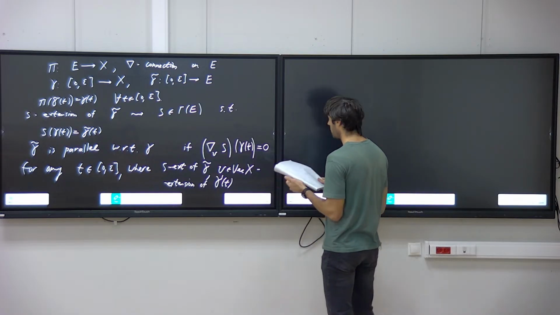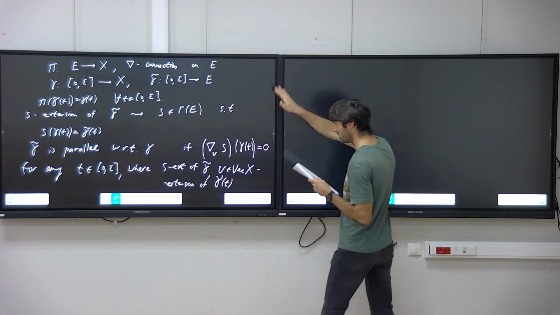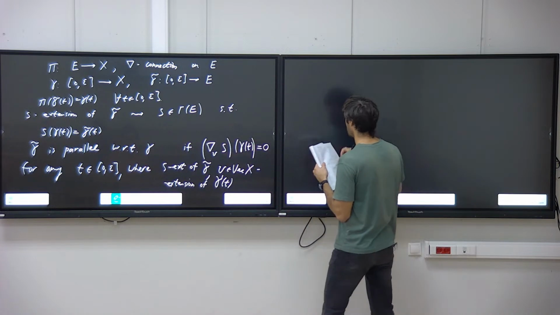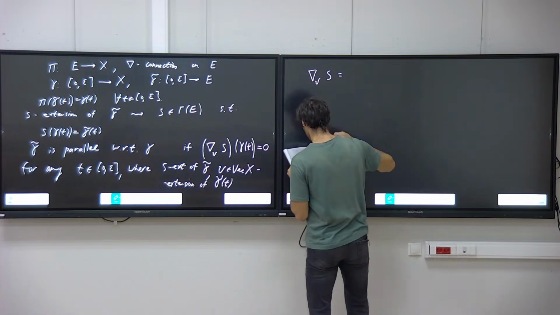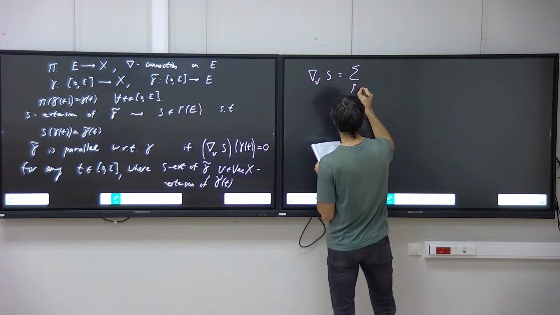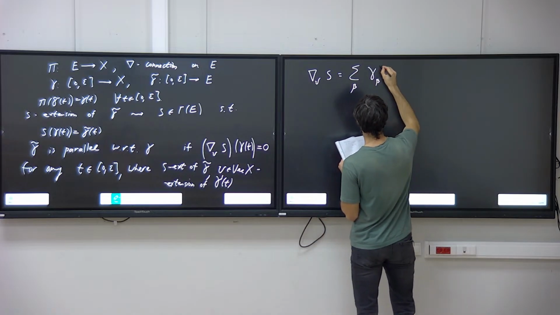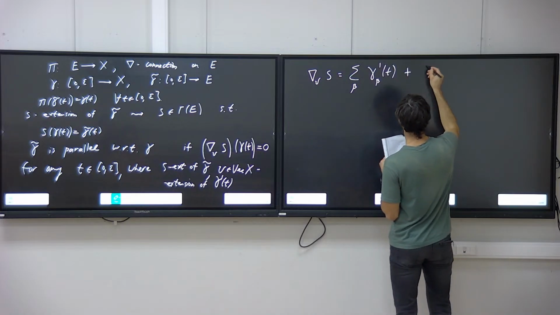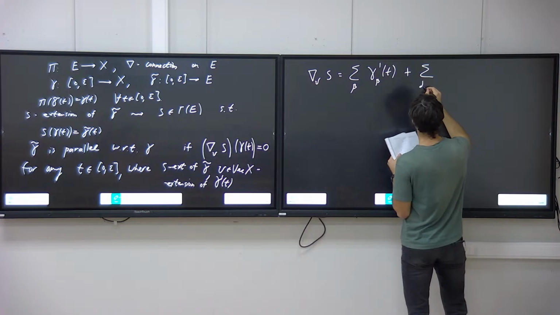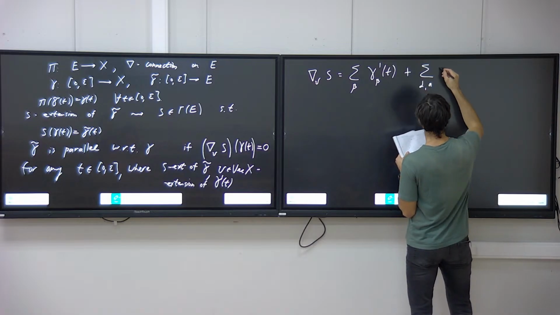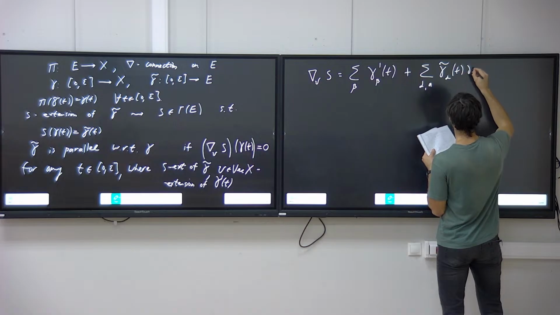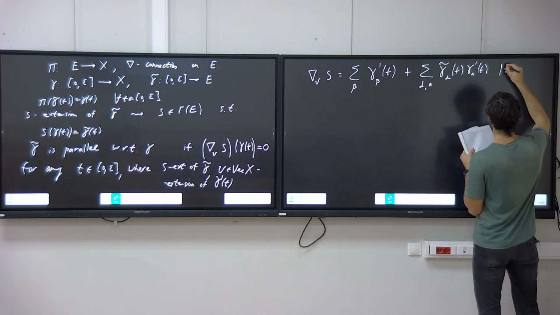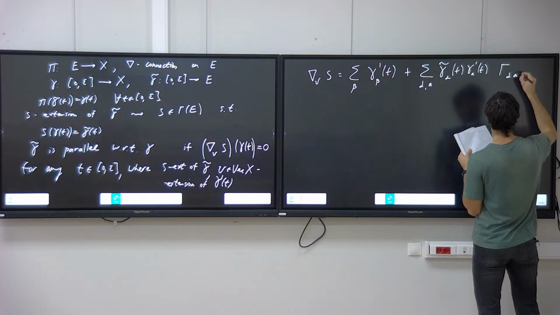And then we obtain the following formula. In this setup, in all these notations, we obtained that nabla V S equals, so we have this formula, sum over beta, gamma tilde beta prime of t plus sum over alpha and over a, and here I have gamma tilde alpha of t, gamma a prime of t, and here I have Christoffel symbols, alpha, a, beta.